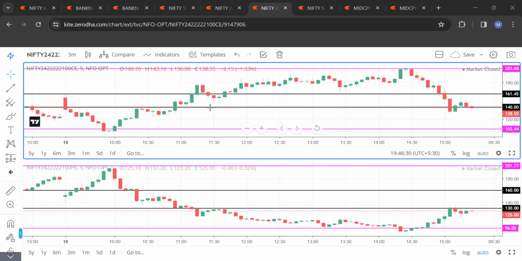Yes, understood. Because for Nifty 30, 40 points is not a big deal. It is only because of stop loss that people lose money. Your stop loss is triggered and then you just remember your past experiences.